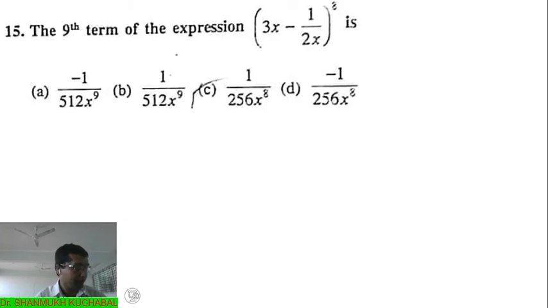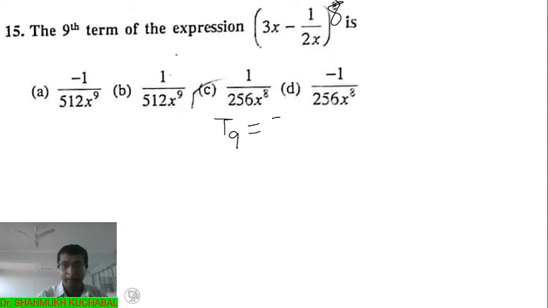Example number 15. The ninth term of the expansion of 3x minus 1 upon 2x, raised to 8. So we have to calculate the ninth term. We use the formula of the general term, T r plus 1.